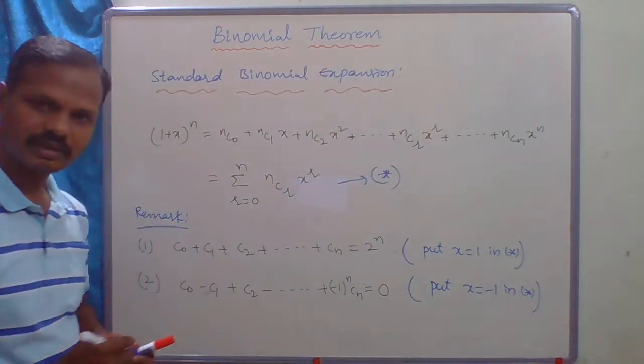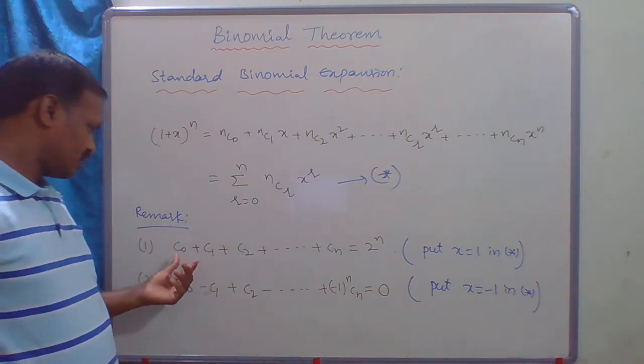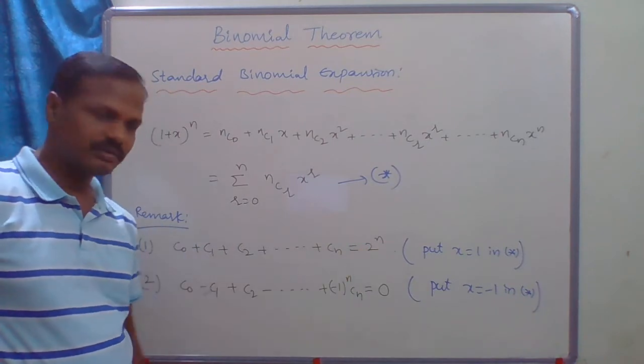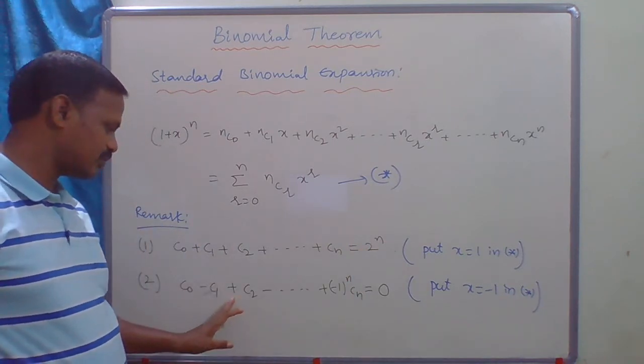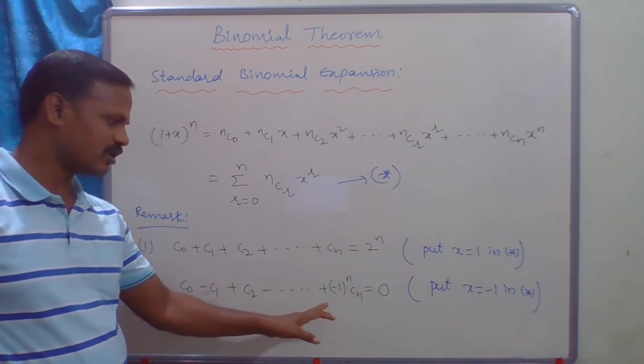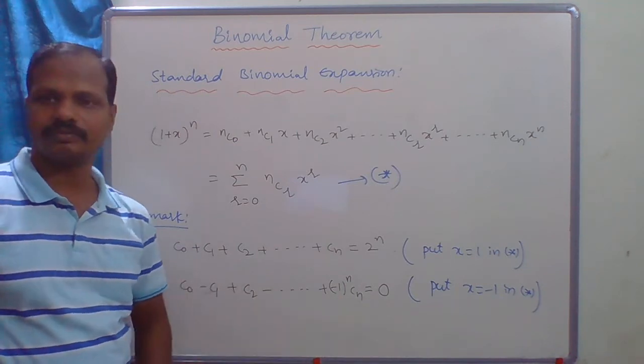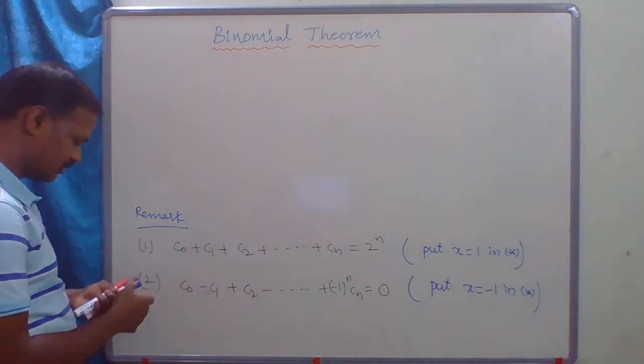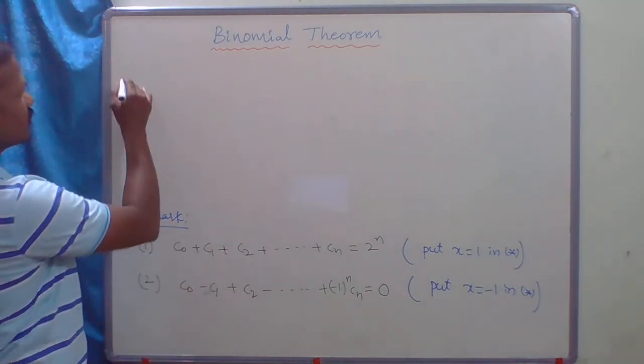Clear? So C0 + C1 + C2 + ... + Cn = 2^n, and C0 - C1 + C2 - ... + (-1)^n Cn = 0. So next result.